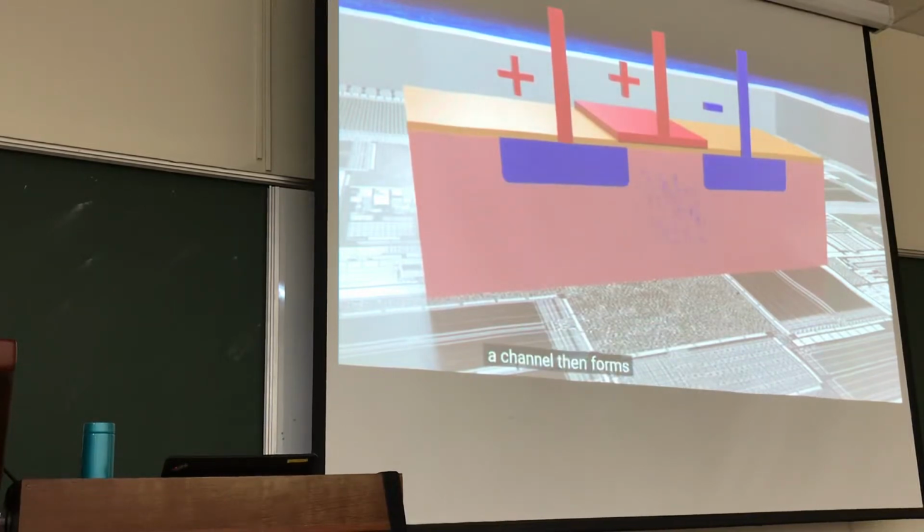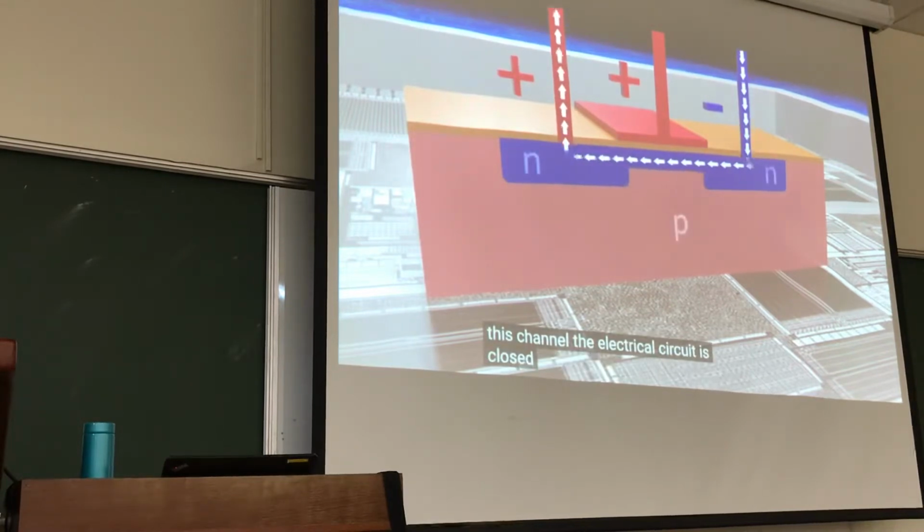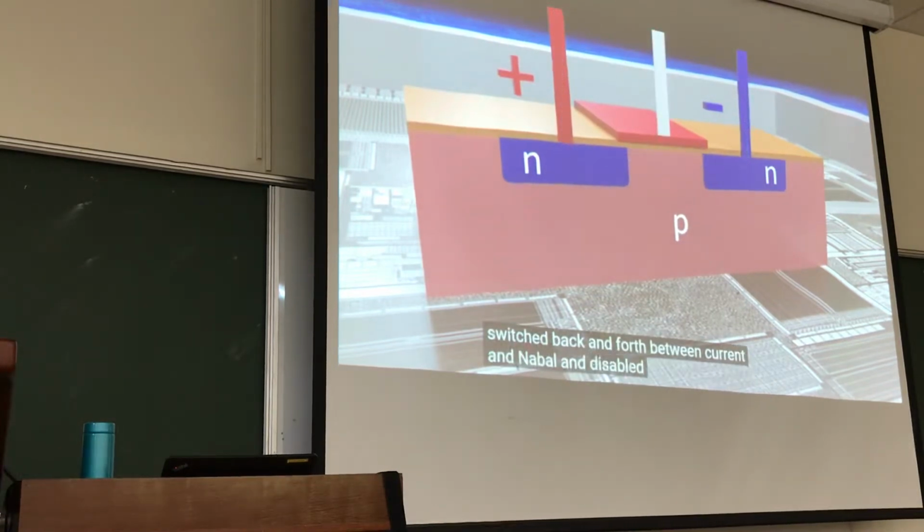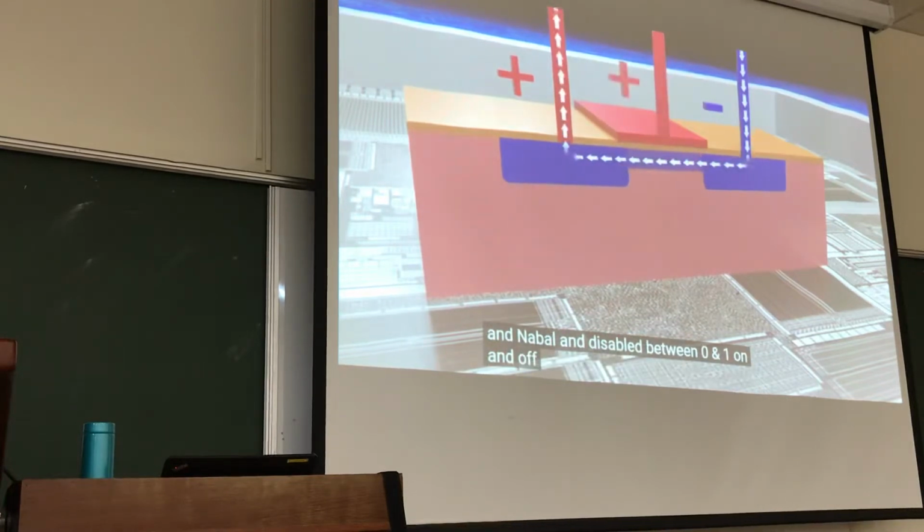A channel then forms underneath the gate between the islands of N-conductive material. Electrons can now flow through this channel. The electrical circuit is closed. In this way, the transistor can be switched back and forth between current enabled and disabled, between 0 and 1, on and off.